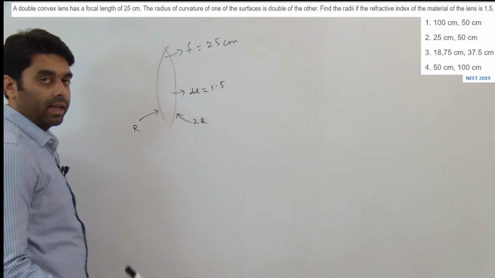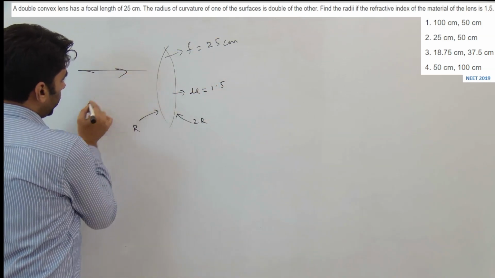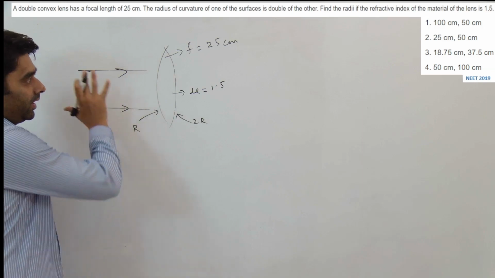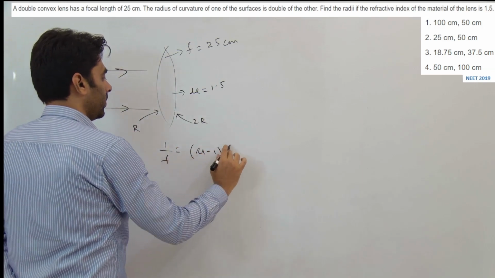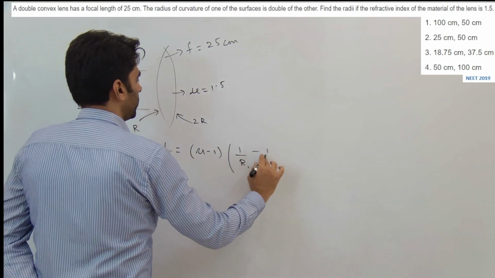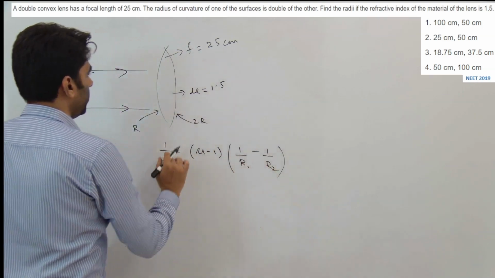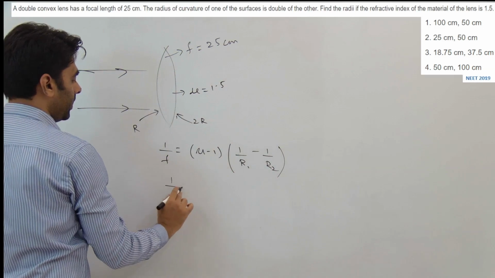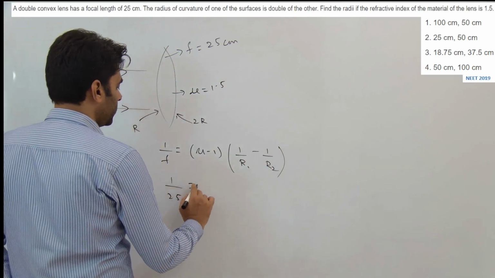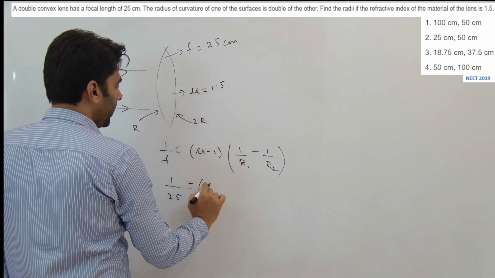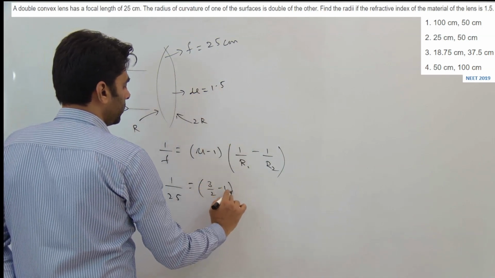Let us solve it. Lens maker's formula. Let's consider that light rays are coming from this side. So 1 by f is equal to mu minus 1 times (1 by r1 minus 1 by r2). 1 by f is given to us as 25, and for a convex lens it will obviously be positive. So 1 by 25 is equal to mu minus 1, that is 3 by 2 minus 1, times 1 by r1.